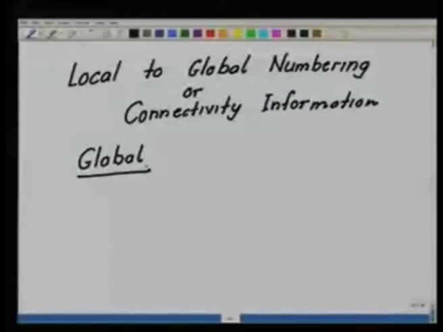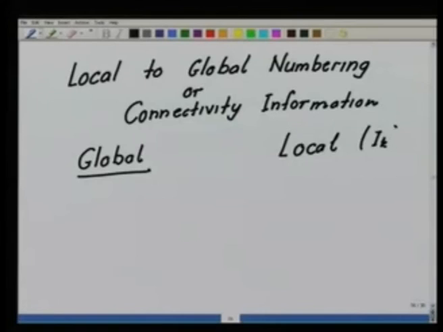Okay. So this connectivity information has to be constructed. So let us now do it for the element. So what I will do is, here I write the global number and here I will write the corresponding local number for the element k. So this is the local number 1.